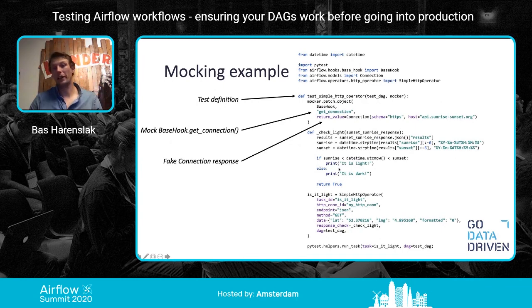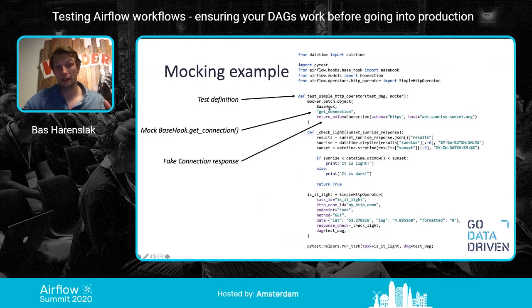Now what the simple HTTP operator will do is you have to feed it an HTTP connection ID, and Airflow will then go to the meta store, pull out the connection, and then continue its work. But in your CI/CD system or locally, you do not have access to the Airflow meta store unless you set one up, obviously. It's much more predictable to mock out the get connection call to this meta store.